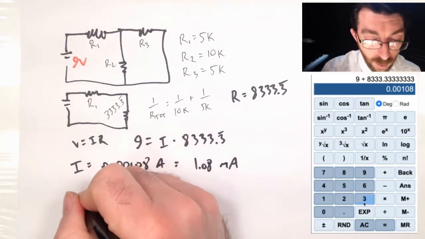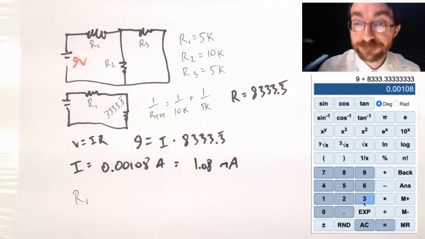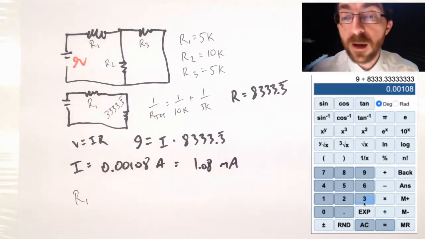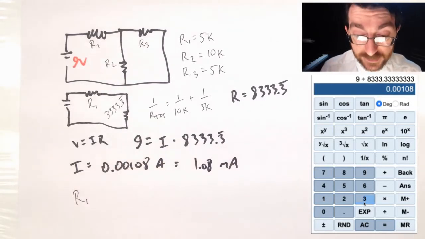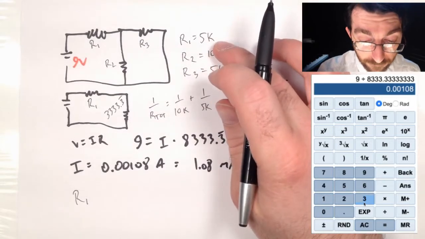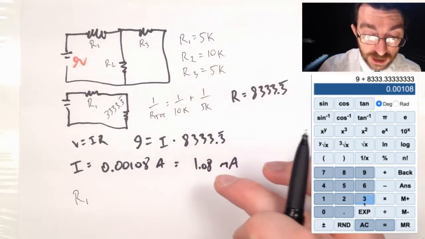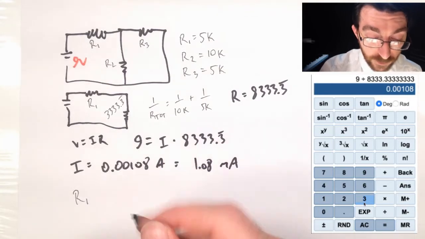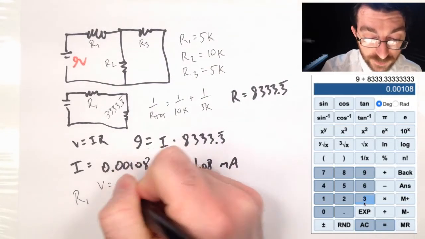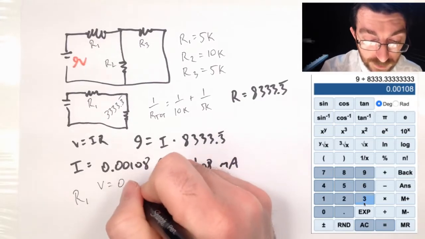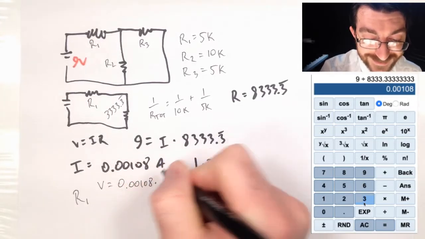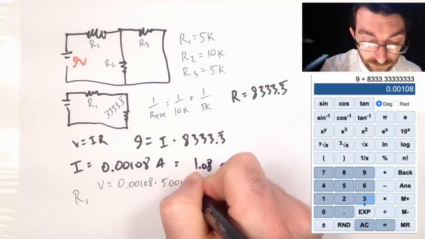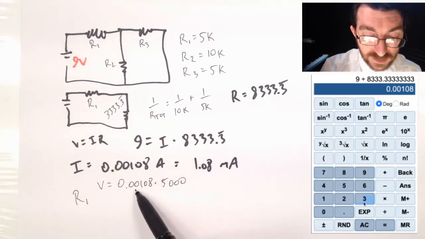So for resistor 1, we know that the resistance is 5,000, and we know that the current is 0.00108. So the voltage across resistor 1 will be 0.00108 times 5,000. That's V equals IR.